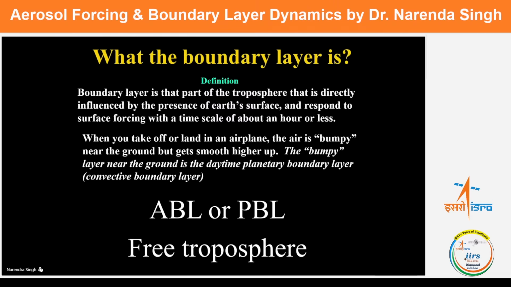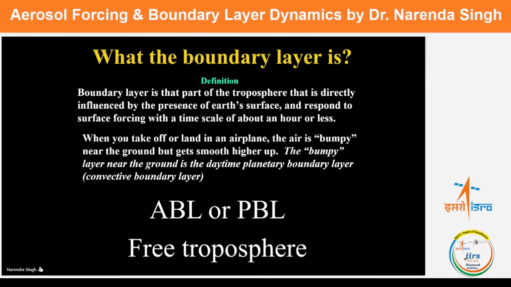Forcing, by this time you are familiar, is basically the response of the atmospheric air to solar radiation. Simply, when we talk about the surface, meaning the earth surface, forcing means that which is exerted by the surface of the earth in response to solar radiation, either by heating or cooling.